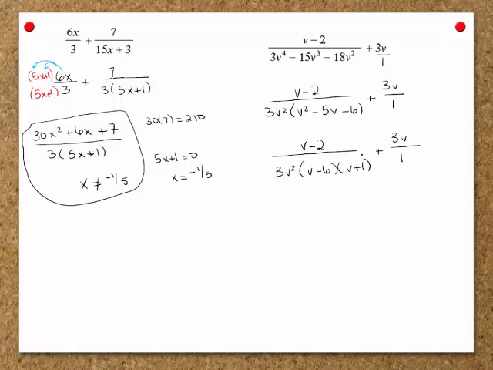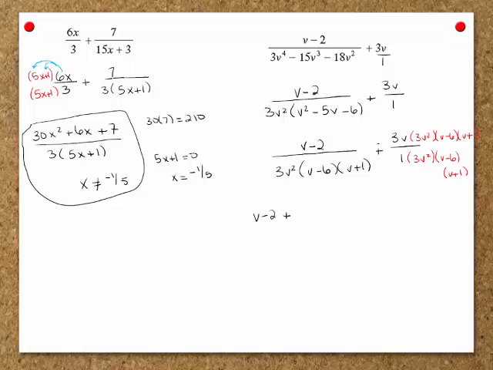And now I need to multiply to make my common denominator. So I'm going to multiply times 3v squared times v minus 6 and v plus 1. This will give me v minus 2 plus, and I need to distribute these and multiply them all back out.